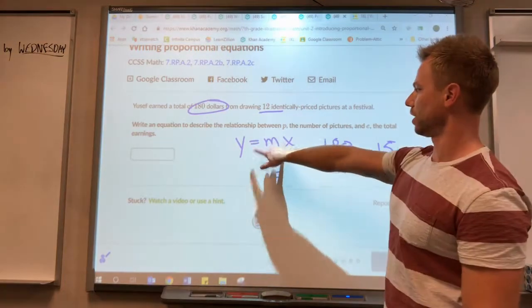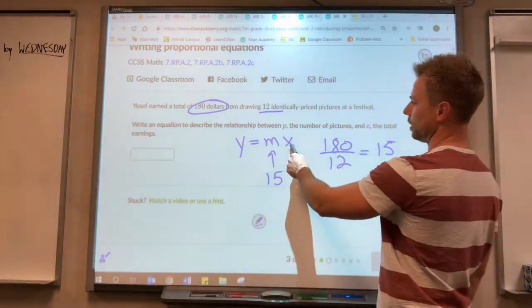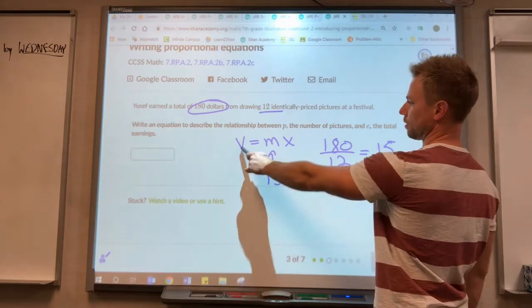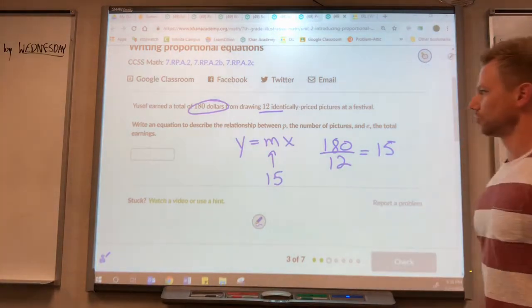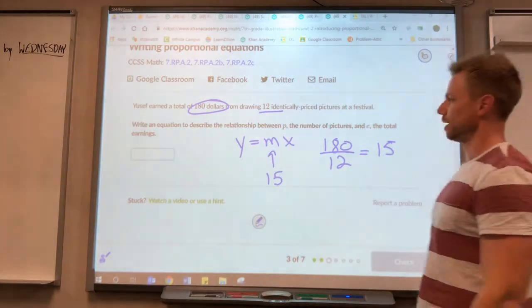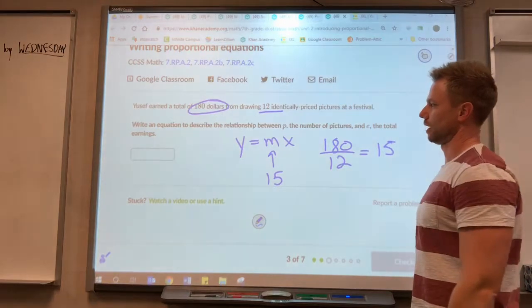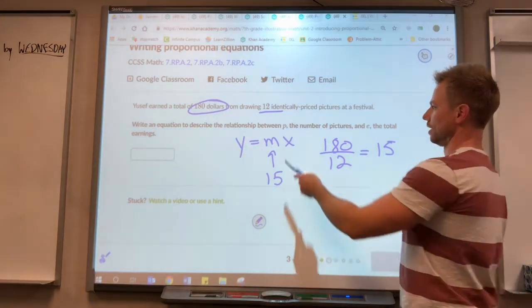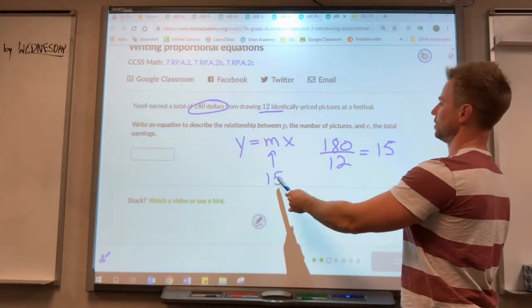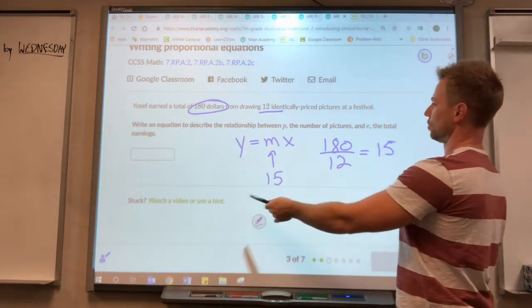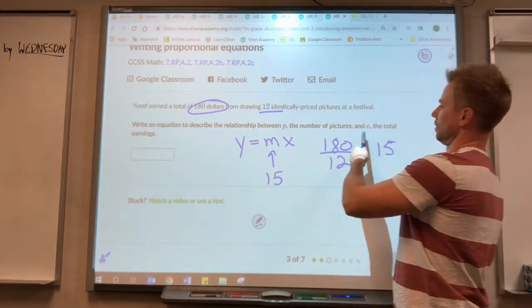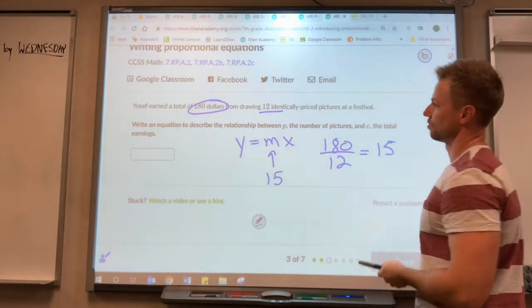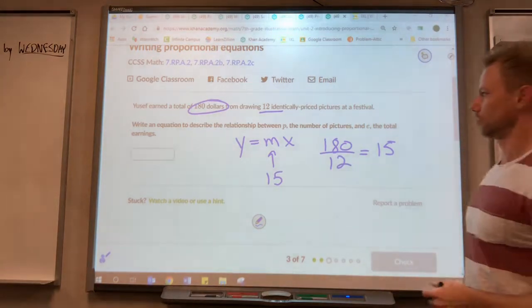So that's going to go in place of m in our equation. Now we have to figure out where the letters go. Do we put P here, or do we put E here, and what goes over there? So what are we multiplying by 15? Are we multiplying the number of pictures by 15 to get our total, or are we multiplying the amount of money times 15 to get our total?